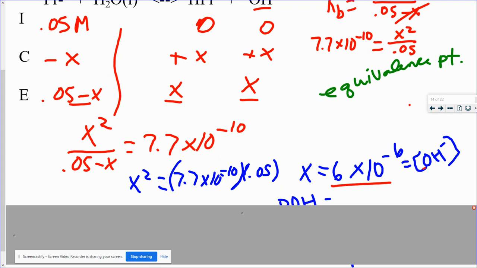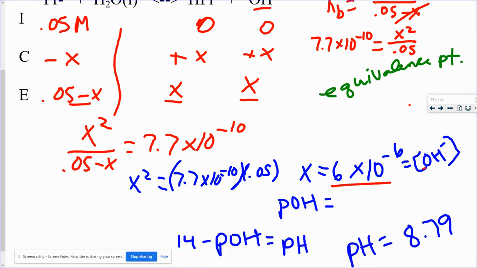So then to find our pH, we can take minus the log of our OH minus concentration. So log of 6 times 10 to the negative 6. So our pOH comes out to be 5.22. And we subtract that from 14.